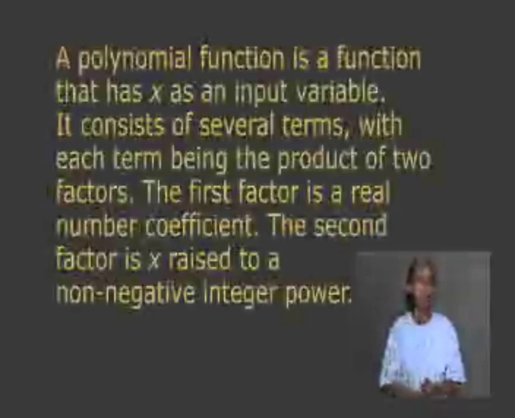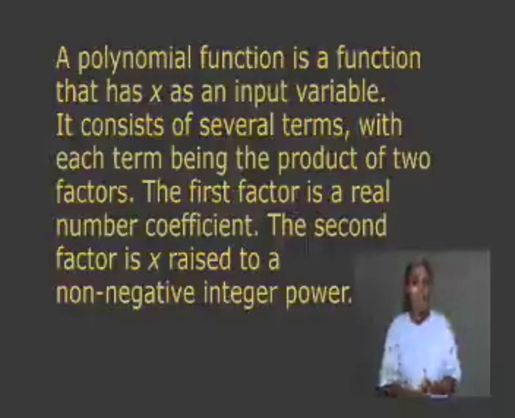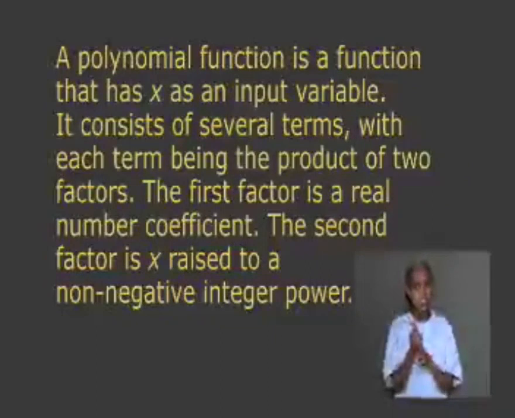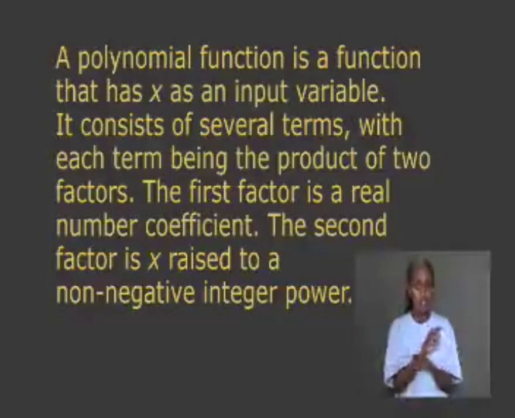A polynomial function is a function that has x as an input variable. It consists of several terms, with each term being the product of 2 factors. The first factor is a real number coefficient. The second factor is x raised to a non-negative integer power.